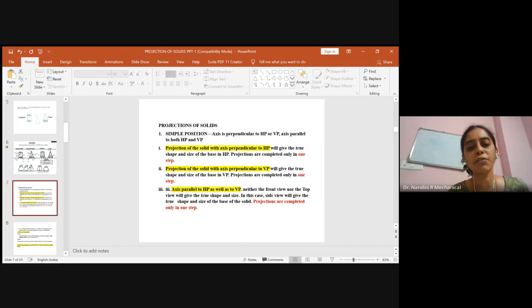Similarly, what is the projection of the solid with the axis perpendicular to VP, how does it look? So this is our horizontal plane and the vertical plane.